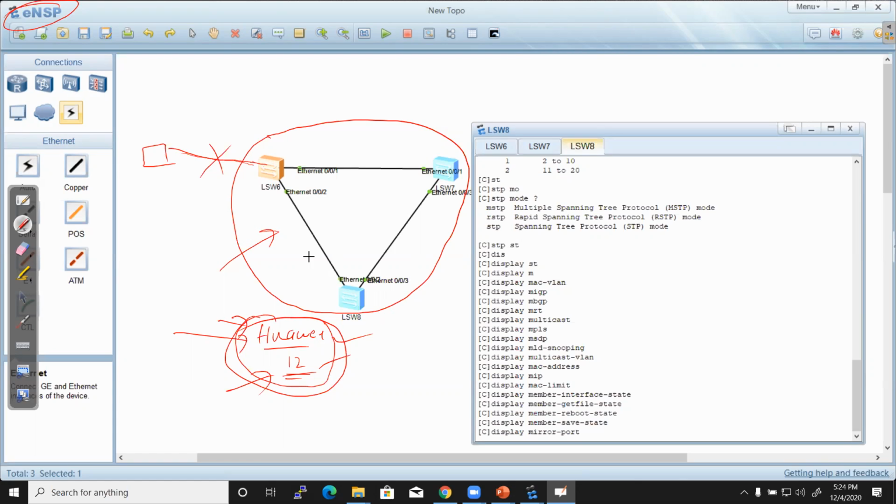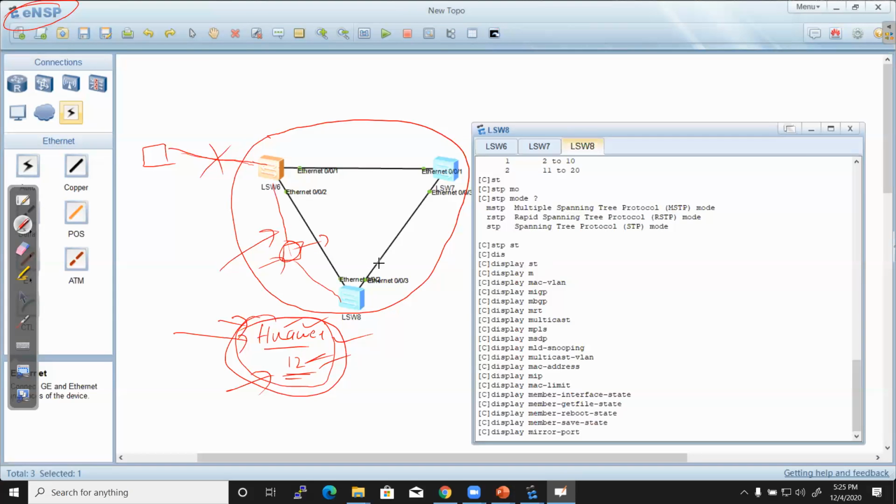If I have another switch over here and I don't want to run MSTP on it, I won't configure the name and revision number on that switch. Although it is part of our network, nothing is related to MSTP inside that switch because we didn't configure any domain and number there.